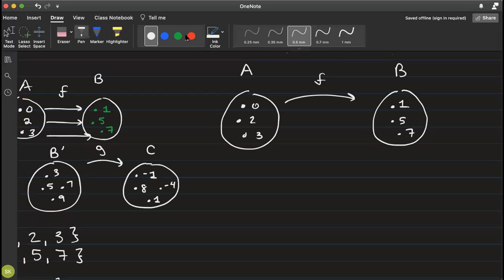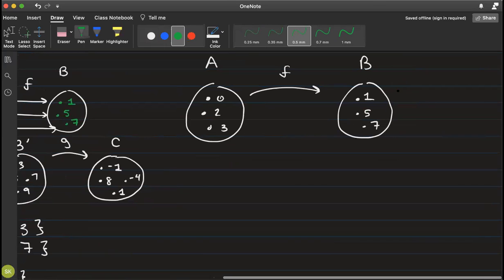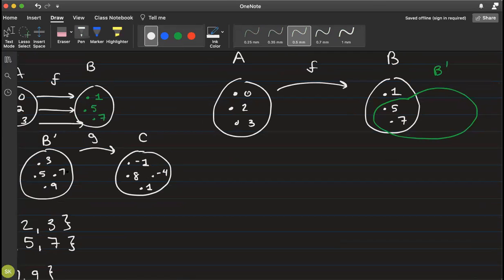This is the set B. But then for B prime, I have the set 3, 5, 7, and 9. See, 5 and 7 are in my set. So maybe let me make this B prime like this. And inside B prime, I have 5, 7, 3, and 9. So this green set, which is B prime, is these 4 numbers. Notice that they intersect. This set B and this set B prime intersect at 5 and 7.